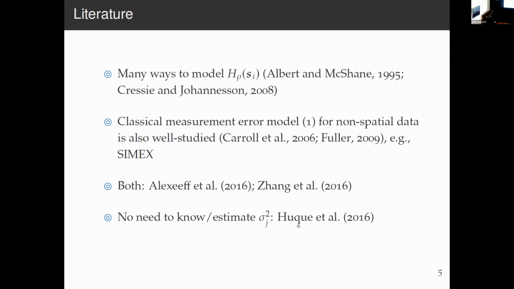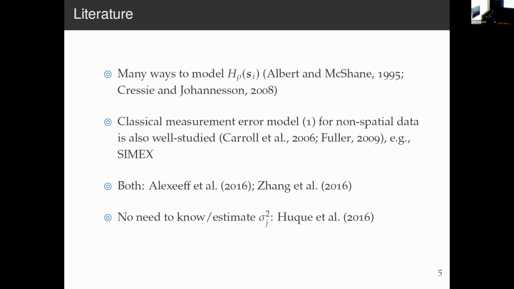It isn't actually trivial to extend their approach from an LMM to a GLMM framework. For example, for linear mixed models, it's possible to get away with just ignoring the spatial autocorrelation H of rho if all you're interested in is point estimation. But once you get into GLMMs, it's not really feasible to ignore that. You have to take it into account somehow.